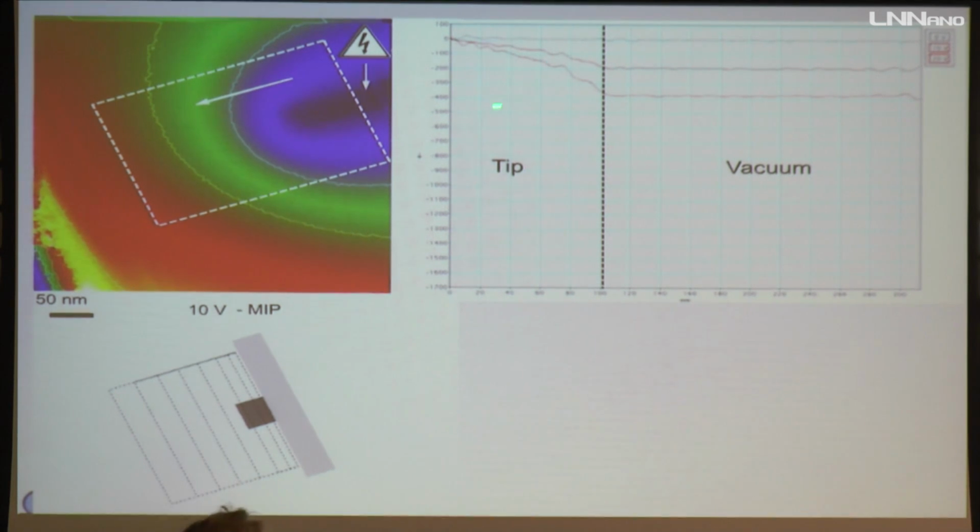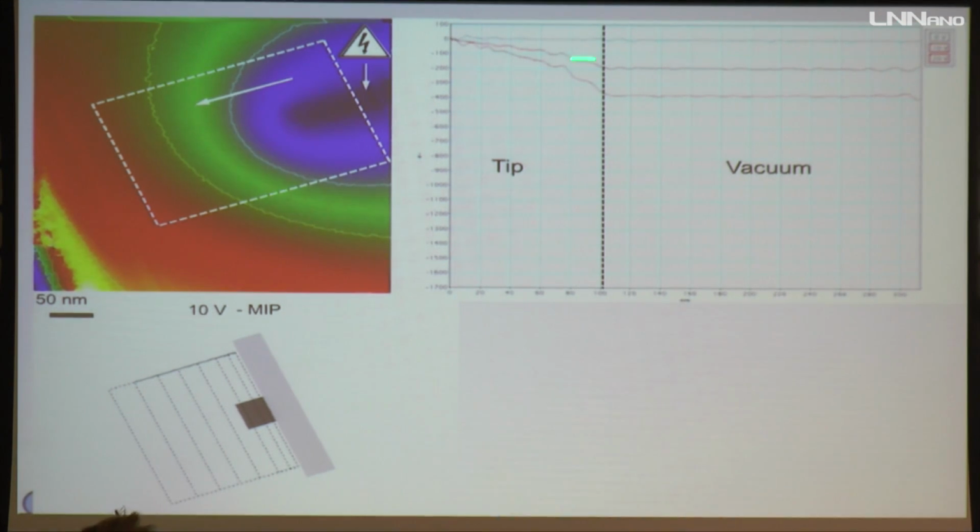So in this curve, this direction is along the nanocone, but the nanocone stops there. So this is in vacuum. This is the number of charges you have on the nanocone for a given voltage.